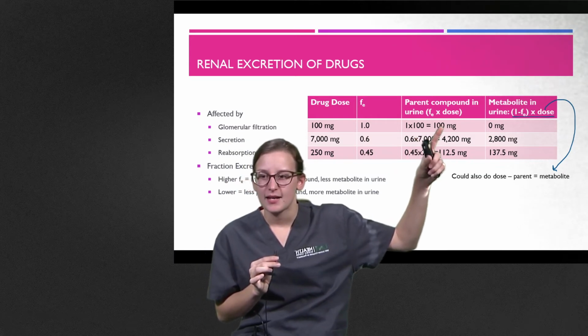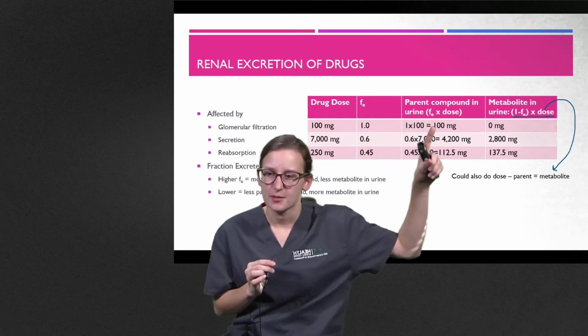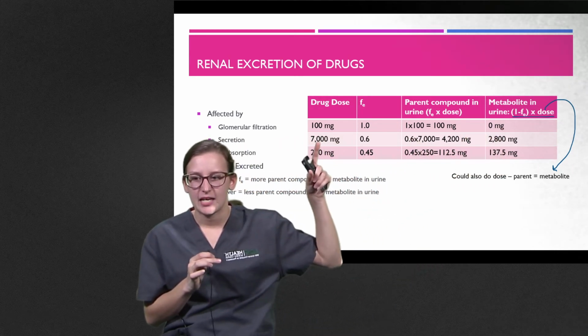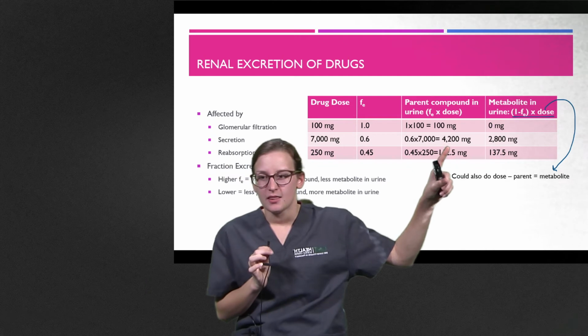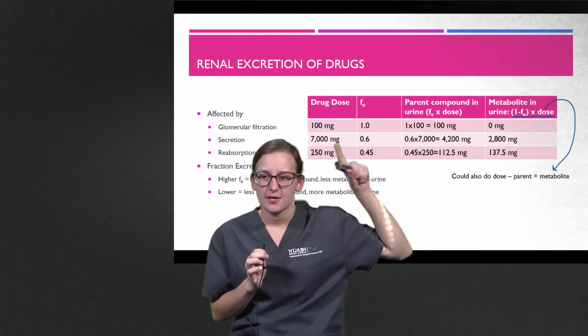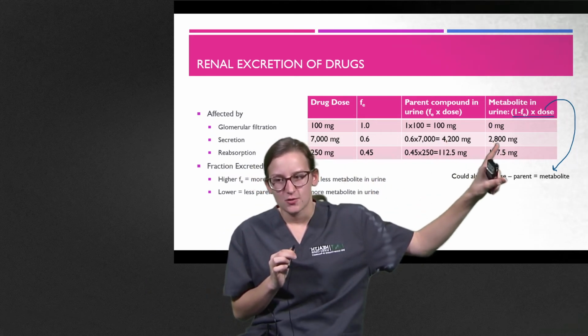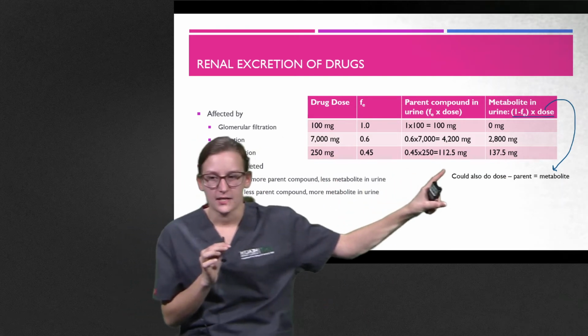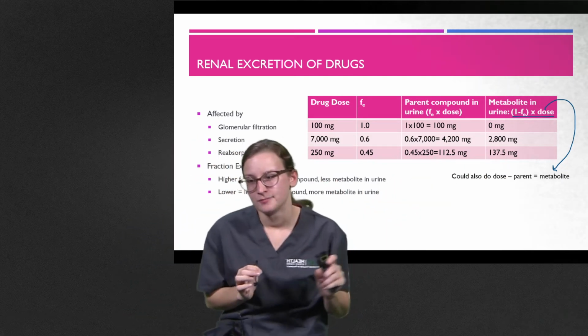Then subtract that from the drug dose and you'll get your metabolite. Here I've got 7,000 originally, I excrete this much of parent compound, so 7,000 minus 4,200 is 2,800. Same thing here: 250 milligrams minus that is that.